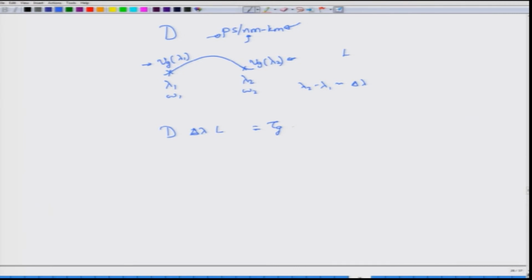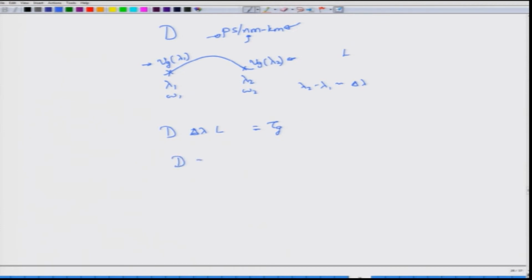And this tau g we have also seen earlier that it can be related to beta 2 omega square z, or beta 2 omega square. We have seen this earlier as well, but without going into the details at this point, I do not want to give you too many mathematical details.